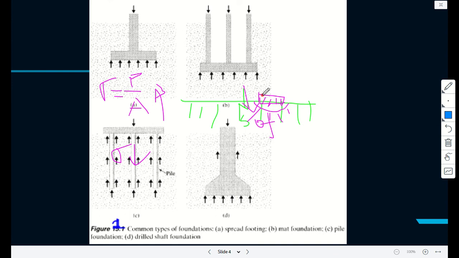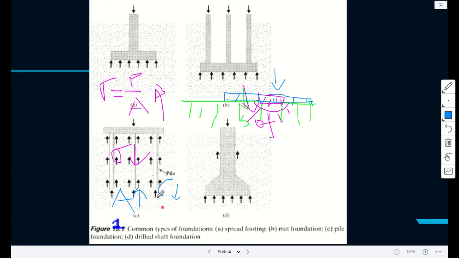So you can use a larger area, such that when you increase the area, A goes up, sigma goes down.